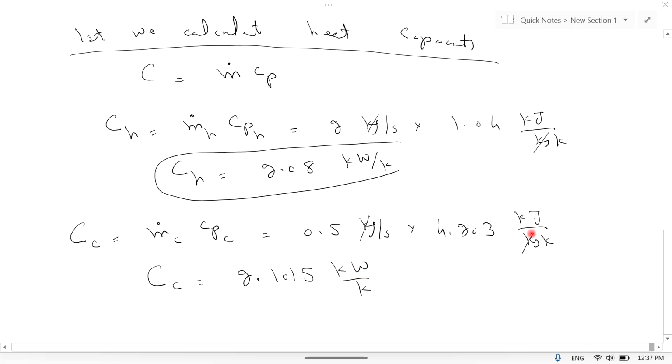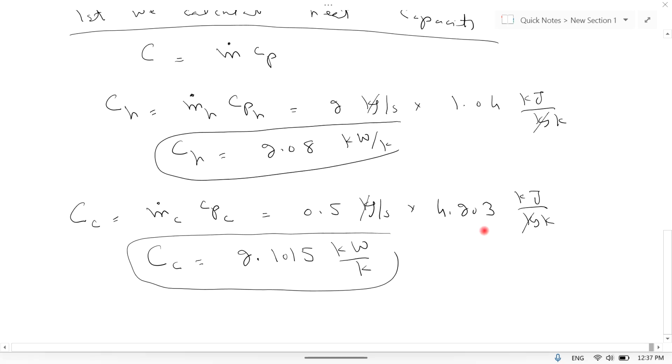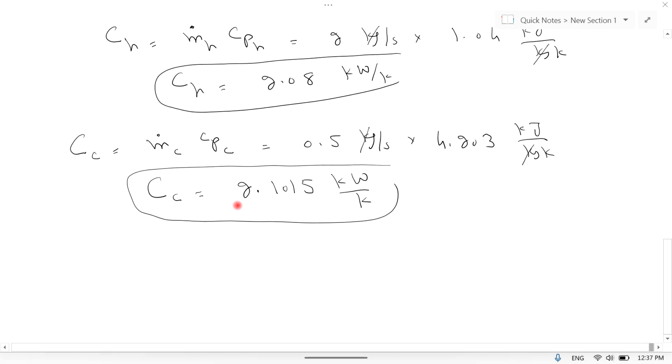Kilogram will be cancelled with kilogram. Joule per second is equal to watt, so this is kilowatt per Kelvin. Now, between CH and CC, the value of CC is maximum, 2.1, and the value of CH is minimum, 2.08. So C maximum is equal to 2.1015 kilowatt per Kelvin and C minimum is equal to 2.08 kilowatt per Kelvin.